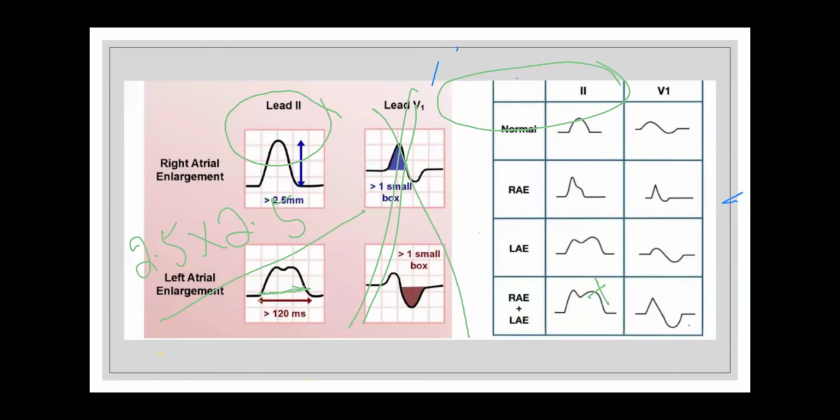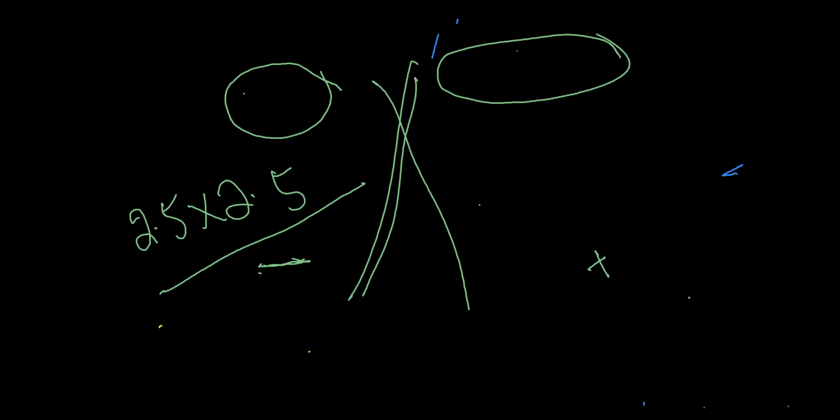If both the right and the left atria are enlarged, the wave would be both tall and wide. To make it simple, remember 2.5 small boxes. More than 2.5 small boxes vertically is right atrium; more in the horizontal direction is left atrial enlargement. This is simple for the P wave.